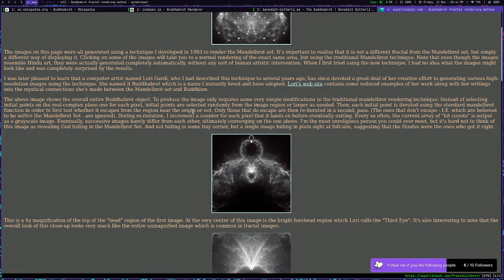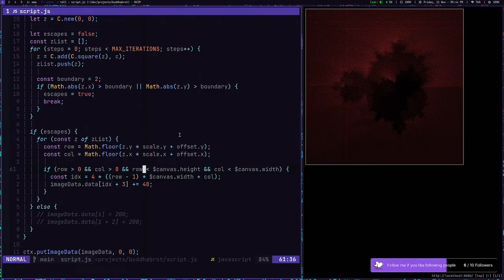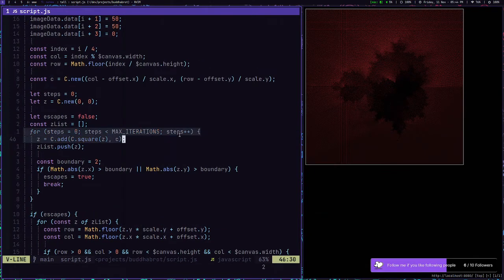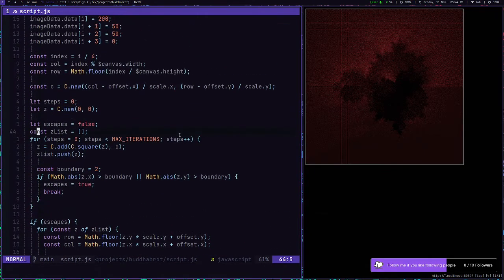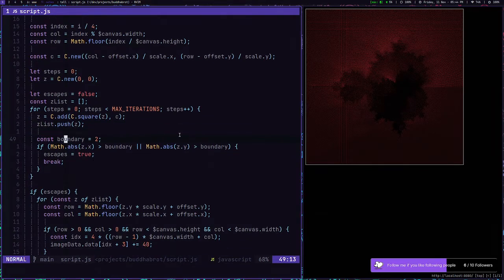Okay, let's think about this again. To produce the image only requires... and reiterate it in a second pass. I mean, more or less that's what we're doing right now. So here's the thing. We run the Mandelbrot thing and we get a list of points that we visited while traversing through the Mandelbrot set.